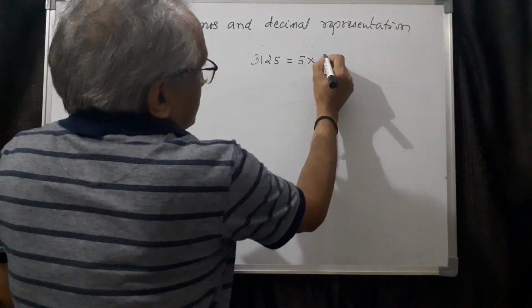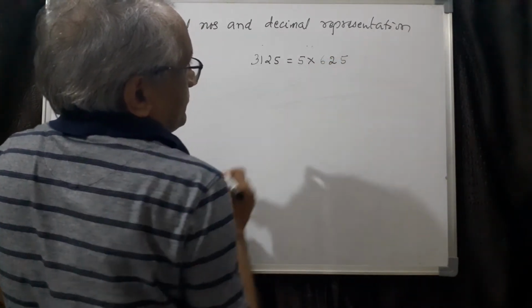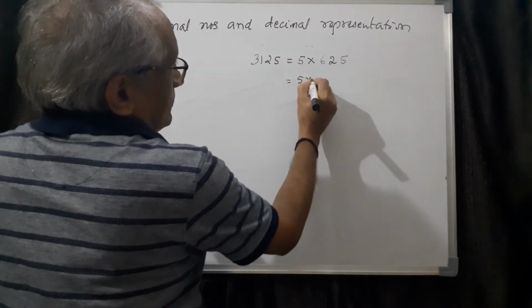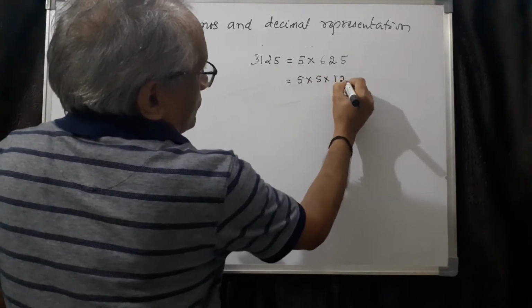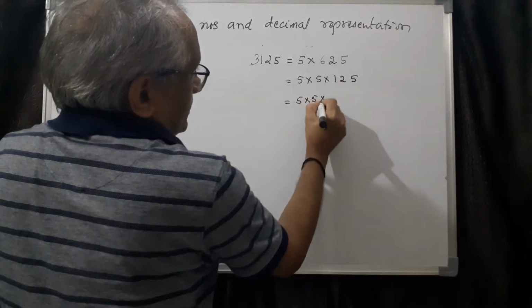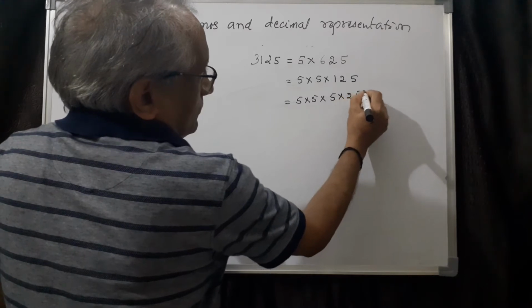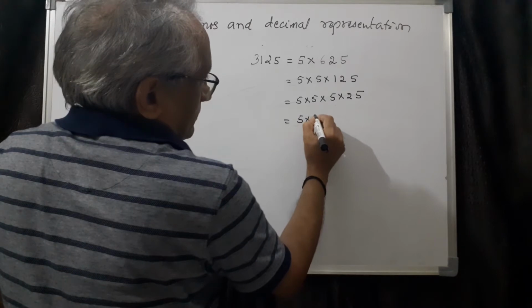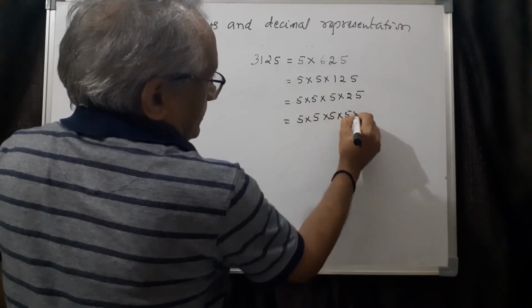Therefore you can take 5 into, and once again 5 into, so this is 5 into 5 into 5 into 5 into 5.